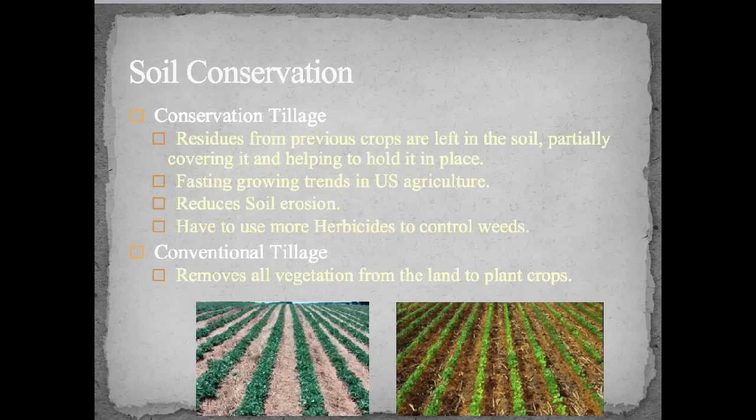That is one downside to conservation tillage. Conventional tillage is removing all vegetation from the land to plant crops. You can see some examples here where these are the plants that they're growing, and the stuff in the middle is the leftover stuff from the year before that helps prevent soil erosion.